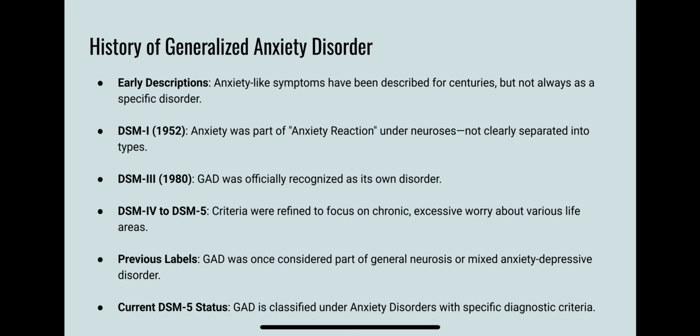Previously, GAD was once considered part of the general neurosis or mixed anxiety depressive disorders. So now it has been refined to better capture its unique features, like the persistent nature of worry and the physical symptoms that often come along with generalized anxiety disorder.